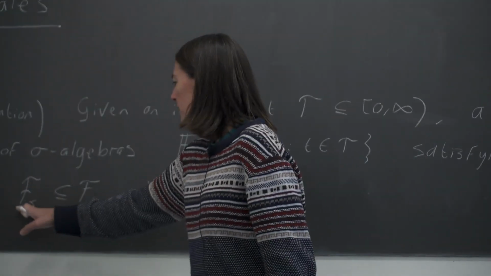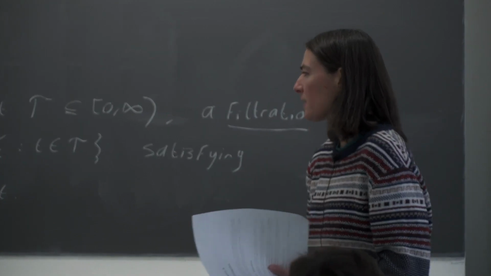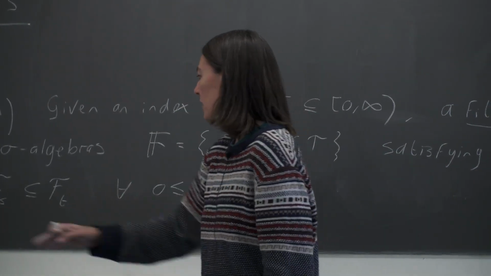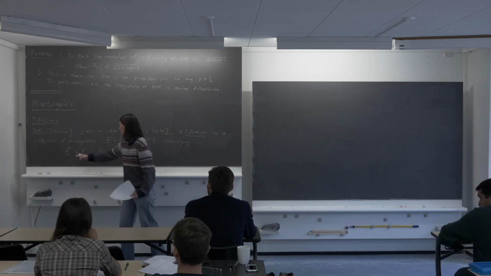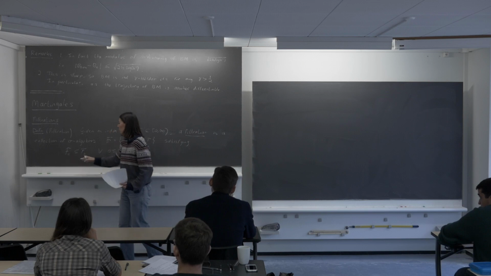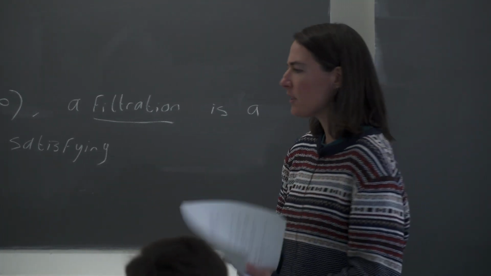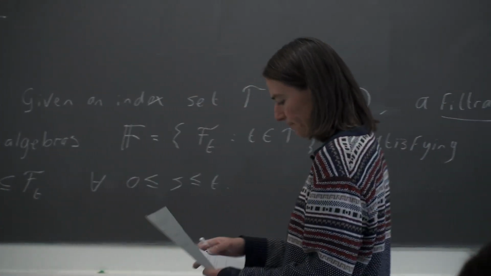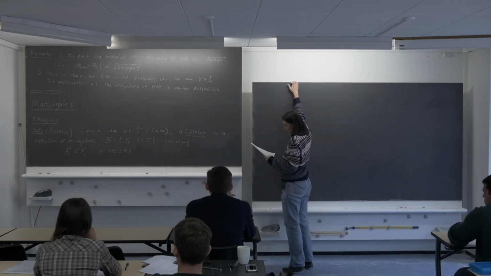So at time s, the sigma algebra consists of those events which you know about at time s, and which you can tell whether they're true or not at time s, and then as time increases, there's more and more events that you can determine whether they've occurred or not. And so as the amount of information that you have increases in time, the number of events that you can tell whether they've occurred or not also increases in time. Okay, so there's a couple more definitions.